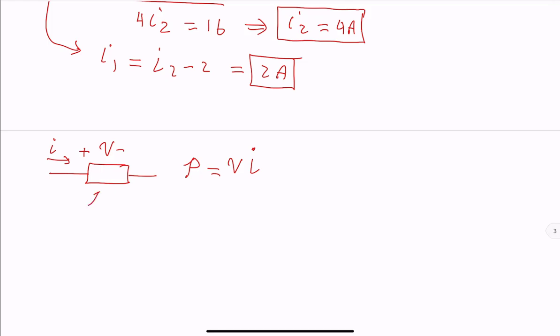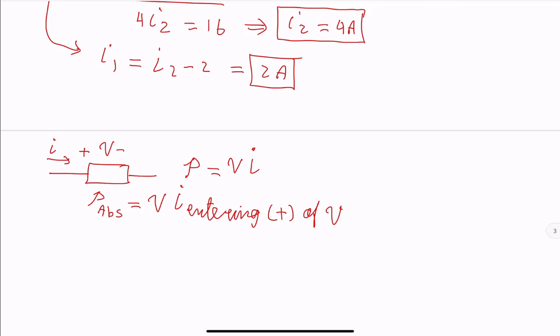What we really mean is absorbed power is voltage times current entering positive terminal of V. So power really means absorbed power. If the absorbed power turns out to be negative 5 watts, that means the element is really not absorbing power, it's supplying 5 watts. If you want to look at supplied power directly, we better look at voltage times current exiting the positive terminal.